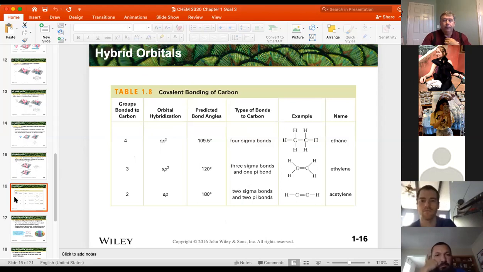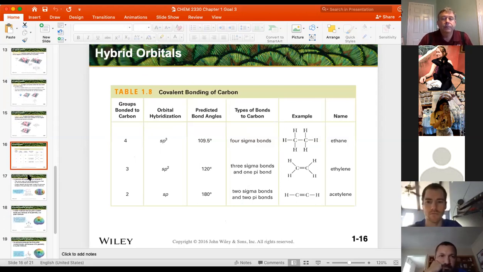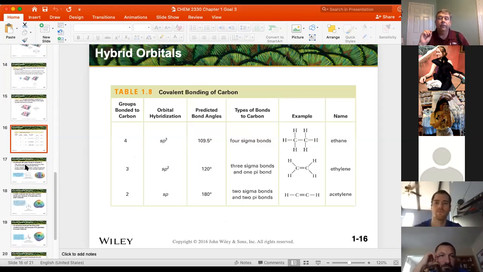Okay, so going back to the hybrid orbitals, if we have sp3, 4 equal orbitals, 4 bonds, or at least 4 areas of electrons. So when we have it on carbon, we typically have 4 equal bonds. If we have sp2 hybridized, we typically have trigonal planar, we have 3 sigma bonds plus 1 pi bond.